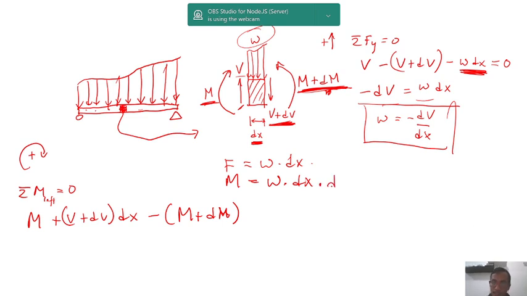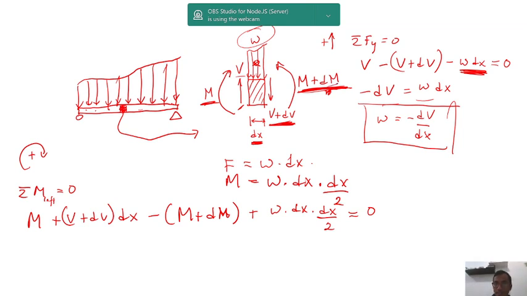The moment arm here will be dx per 2, because the centroid of this particular w will be exactly in the middle. That's why we will have plus w multiplied by dx multiplied by dx per 2 equal to 0. One thing that you should remember here is that dx, dM, dV, all of those are very small because the element size is very small.